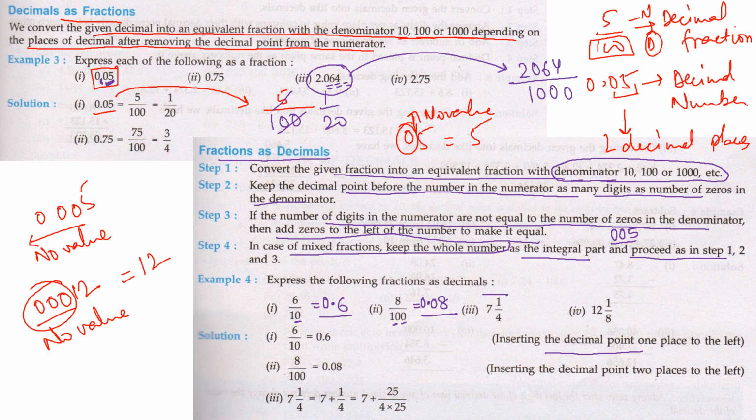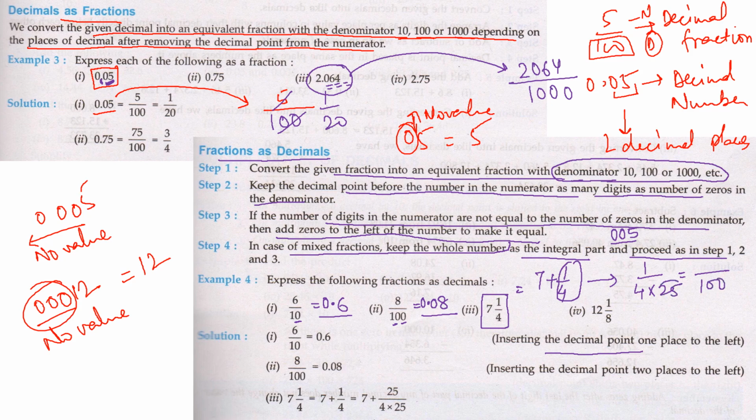Now 7 whole 1 by 4. So you will write it as 7 plus 1 by 4. And 1 by 4 you have to change to decimal. So 1 by 4. What can you multiply with 4 so that it becomes 10, 100 or 1000? If I multiply it with 25, it will be 100.